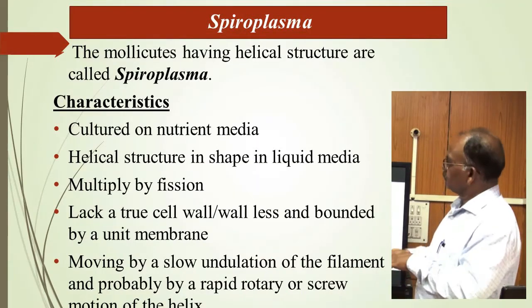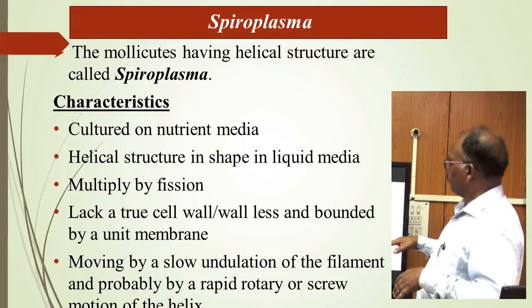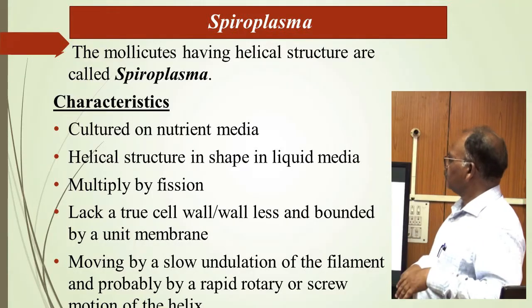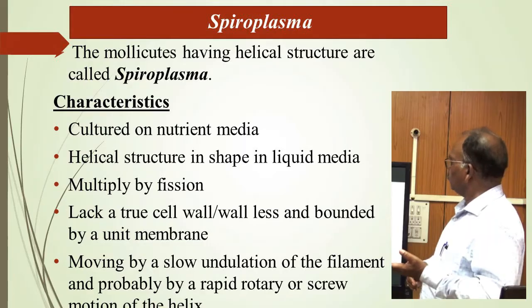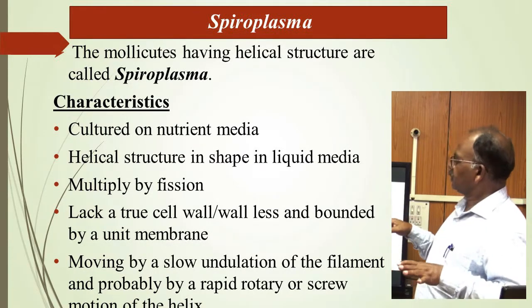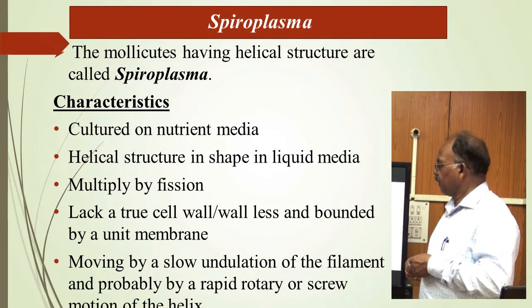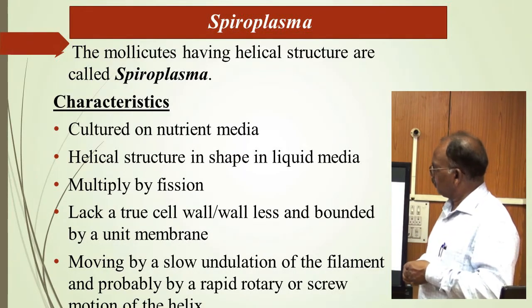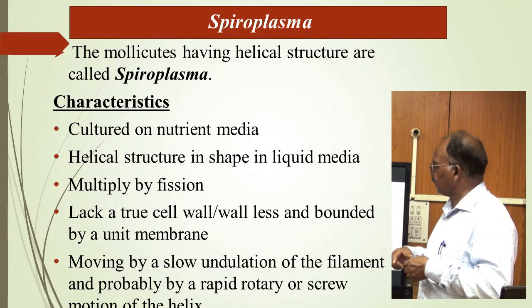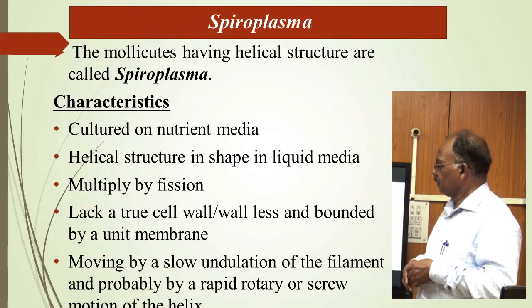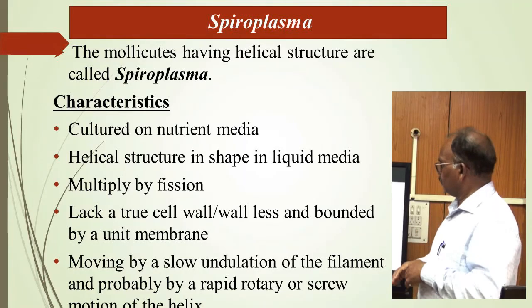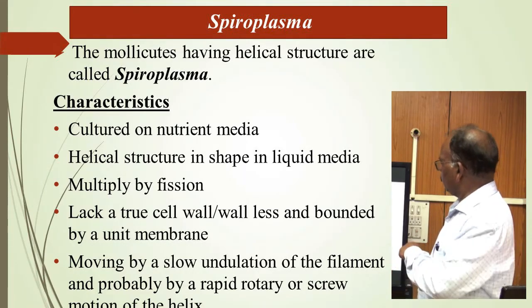Spiroplasma. What is Spiroplasma? The mollicutes which have a helical structure are called Spiroplasma. Spiroplasma can be cultured on nutrient media. They are helical in shape in liquid media, and they multiply by fission. They lack a true cell wall, being wall-less and bounded by a unit membrane.